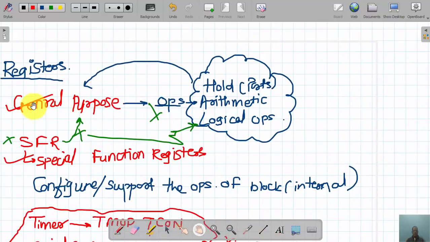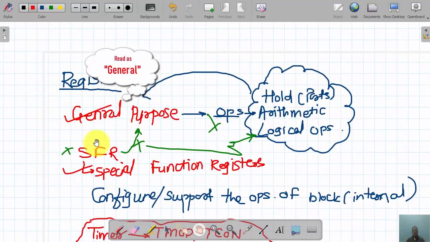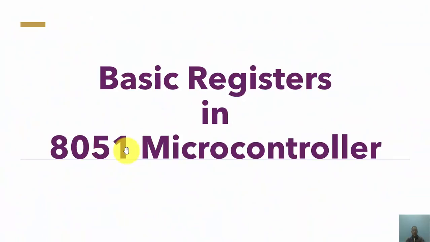In today's lecture we are going to discuss the general purpose registers, which are purely used to support the general purpose operations supported by the 8051 microcontroller. The first and most important register is the accumulator, denoted as A. The memory location 0E0H is termed the accumulator.